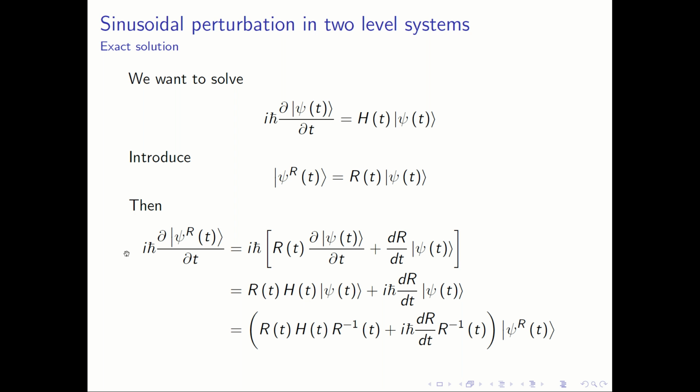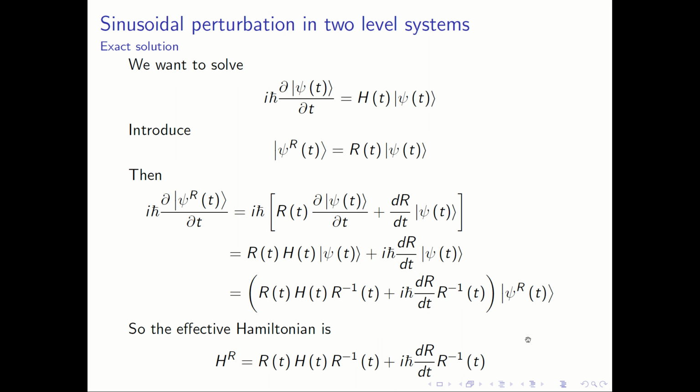So it's i h cross del del t of psi_R(t) is some operator acting on psi_R(t), and that operator is of course what you call the effective Hamiltonian for this particular picture. So the H_R, the R picture Hamiltonian, is given by R(t) H(t) R inverse(t) plus i h cross dR/dt R inverse(t).